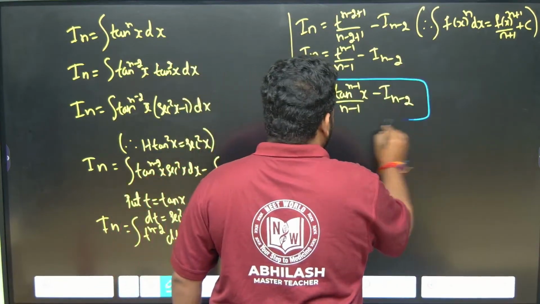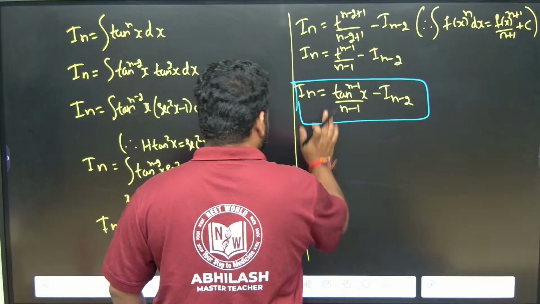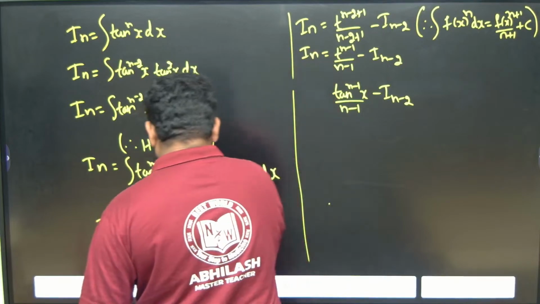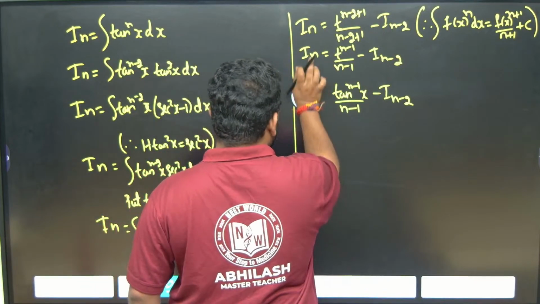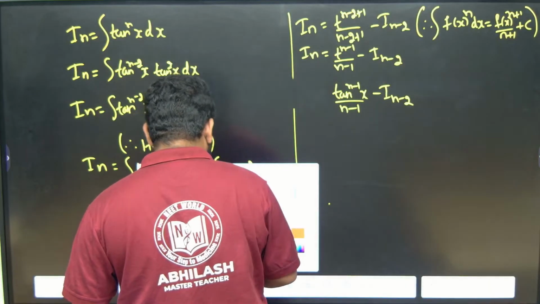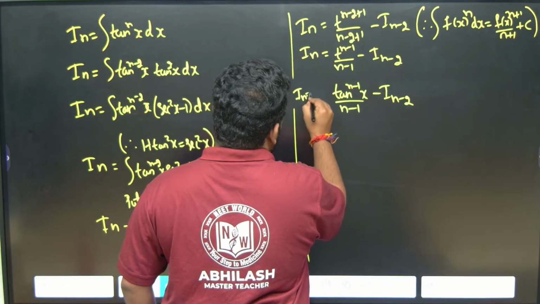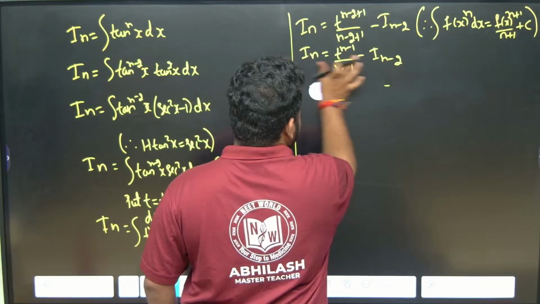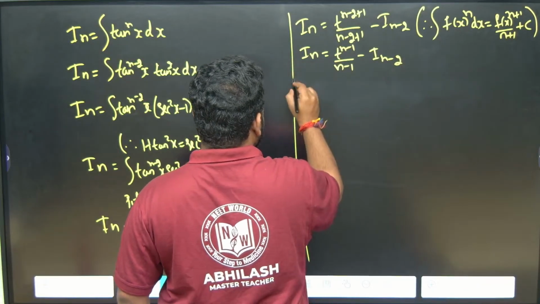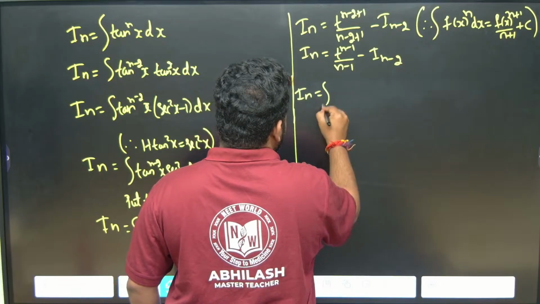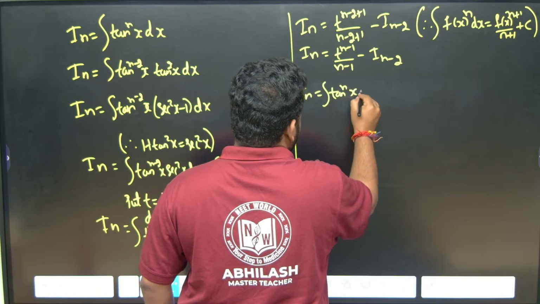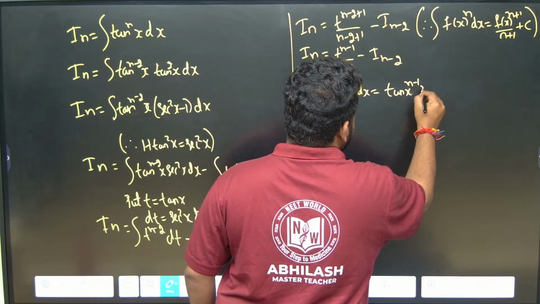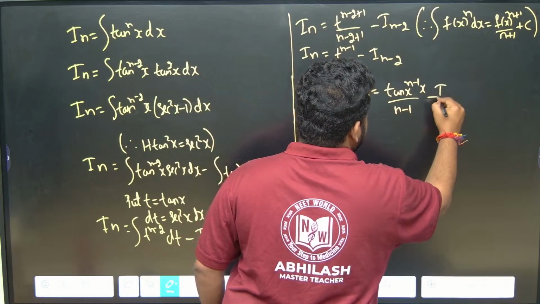In is equal to, let me write again one more step here. I_n is equal to the integral of tan power nx dx, which will be equal to tan power n minus 1 x by n minus 1 minus I_(n minus 2).